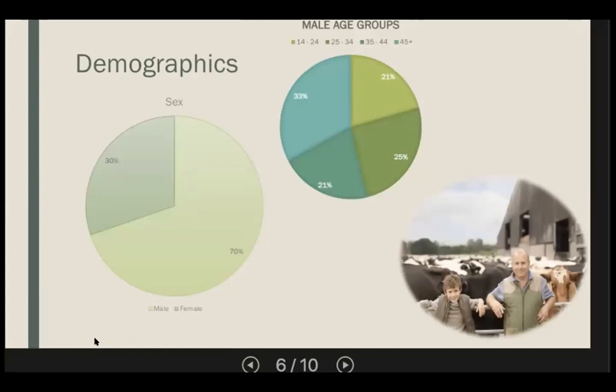Also, there's minorities in there, but they did a separate survey for just Hispanic minorities. According to the Bureau of Labor Statistics, they only make up 6% of the agricultural workforce in the United States. So, they're encompassed in these 2 large pie graphs that I have here.